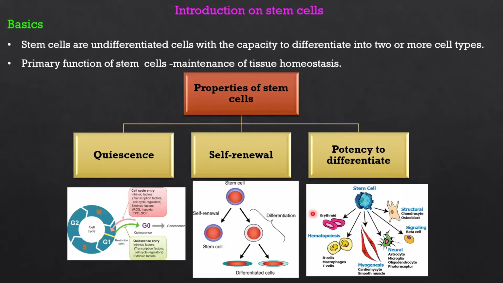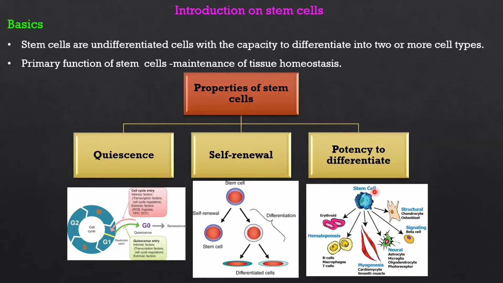And now coming to the potency to differentiate. So whenever there is a signal, it could be an interleukin, it could be a protein from the microenvironment, which actually stimulates or triggers a stem cell to divide and differentiate. It is known as the potency. So a stem cell can divide into any cell, or when I talk about the types, I will explain this in detail.